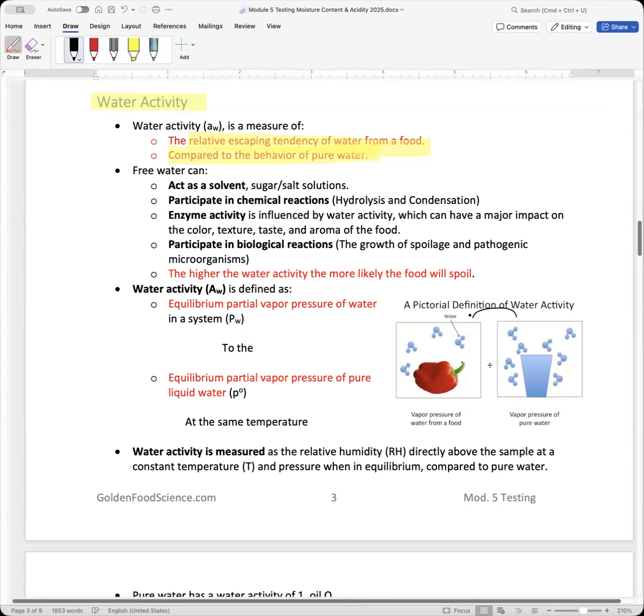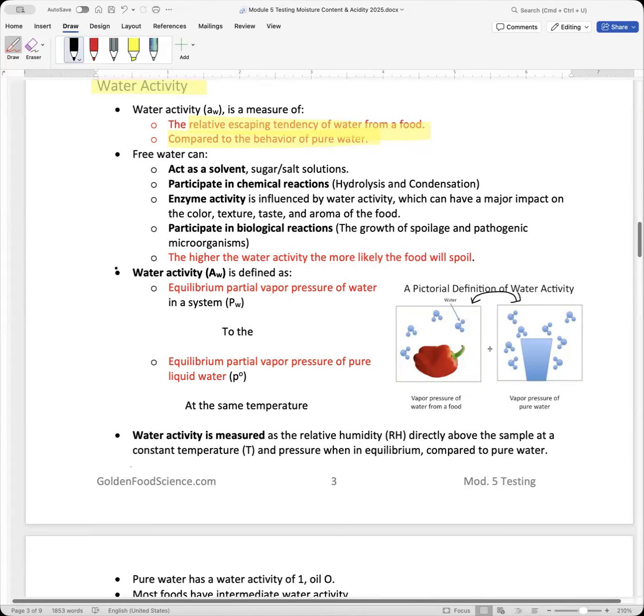The escaping ability of the water molecules from the food compared to the water in pure water. So that's the definition. Free water can act as a solvent, can participate in chemical reactions, is required for enzyme activity, and most importantly, participate in biological reactions, like spoilage and pathogenic microorganisms.